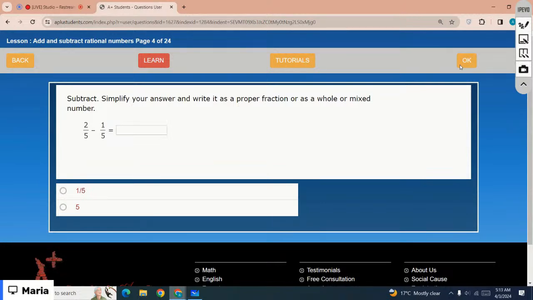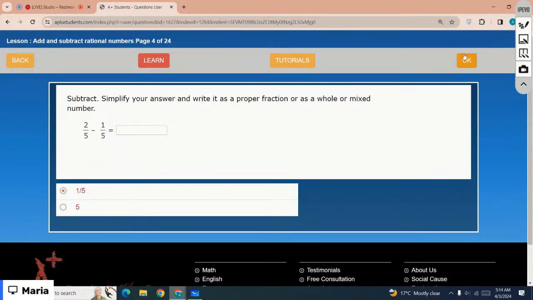Okay, the next one is 2 by 5 minus 1 by 5, which is the correct option? The correct option is, yes, that is 1 over 5.